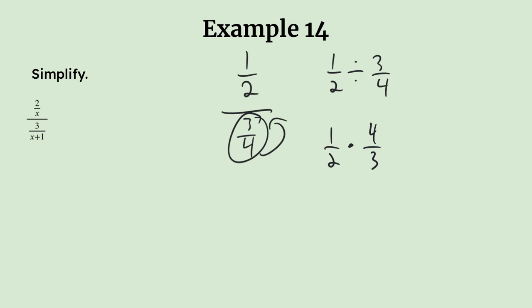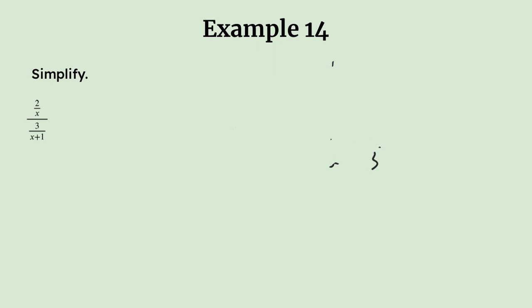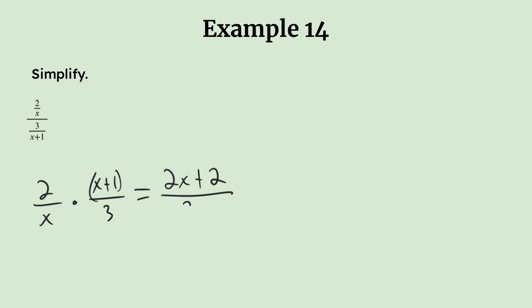We can do that same thing with rational expressions. So we would rewrite this as 2 over x times x plus 1 over 3. Multiply straight across. So it would be 2x plus 2 over 3x.